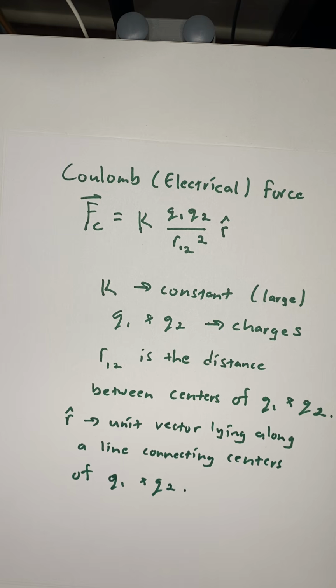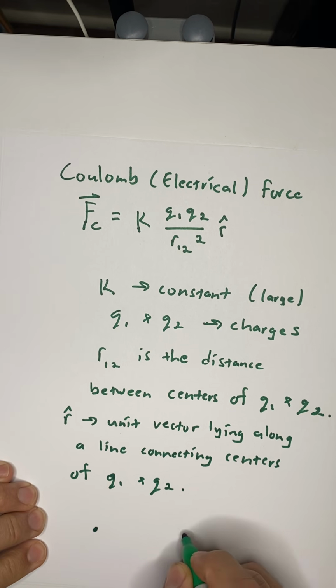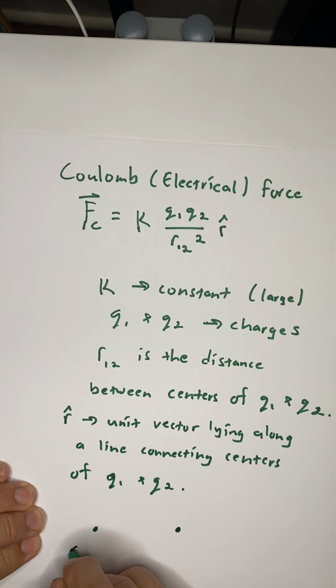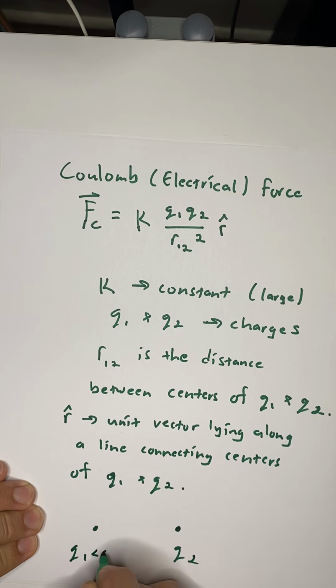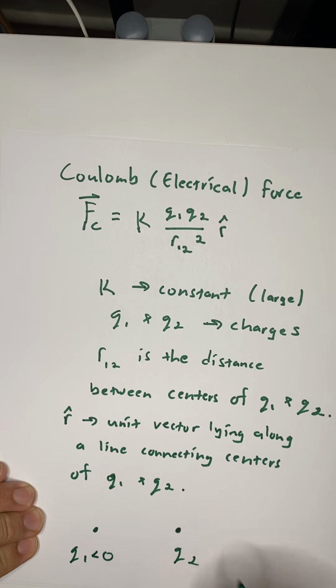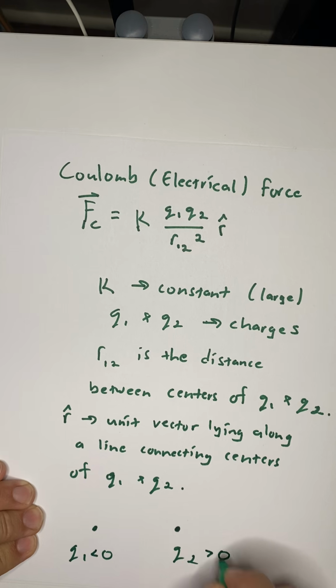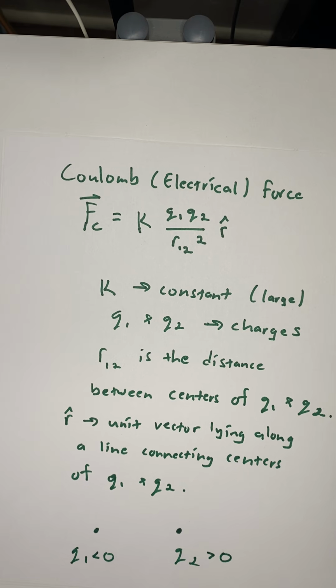Now, remember, this force can be attractive or repulsive. And so the direction of R hat will be given by examining the two charges. I'll show you what I mean. Right now, if I have this charge and this charge, we'll say this is Q1 and this is Q2. Let's say that Q1 is less than 0, that is, it's negative, and Q2 is greater than 0, that is, it's positive.